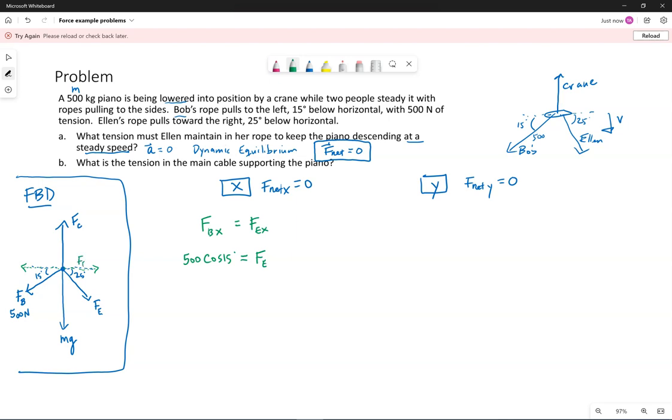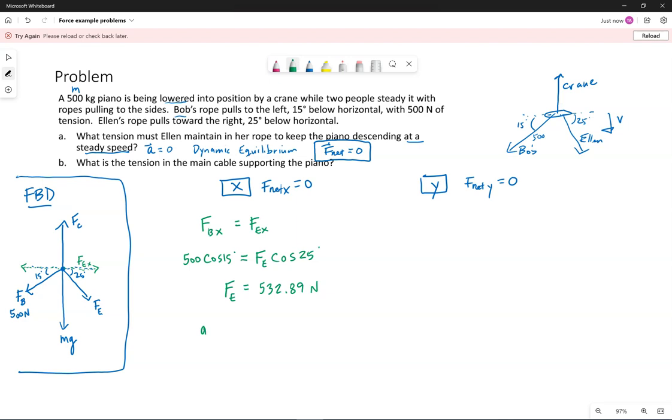So this x component will be her force times the cosine of 25. That's nice. We can actually solve for Ellen's force right now: 500 times the cosine of 15 divided by the cosine of 25. I'm going to write this out with a number of sig figs first. I'm doing that to use that value in the y direction because that will be important.